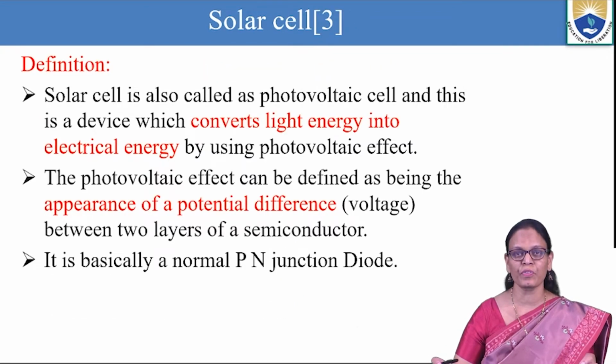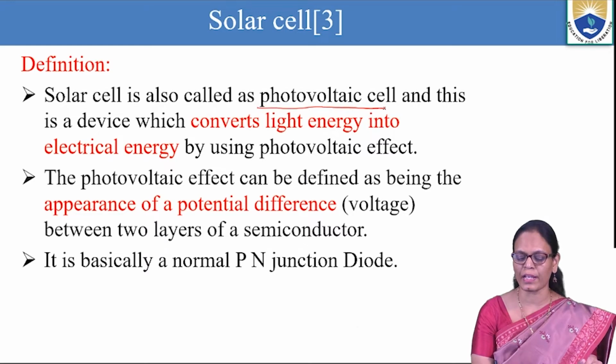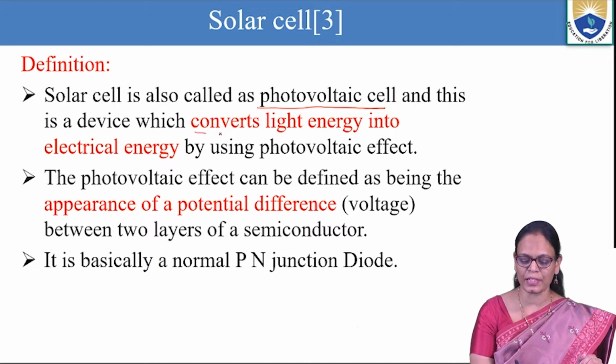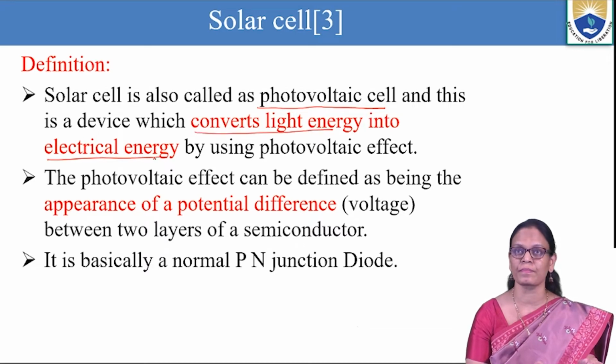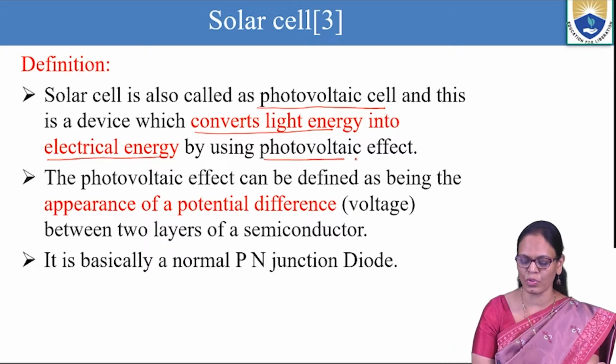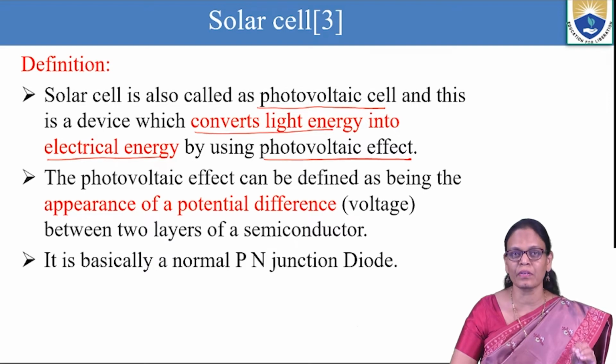Now coming to the definition of a solar cell. It is also known as a photovoltaic cell, and it converts light energy into electrical energy by using the photovoltaic effect. So the photovoltaic effect is also important. What is a solar device? It is a device that converts light energy into electrical energy by using the photovoltaic effect.